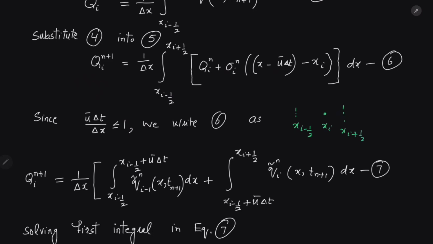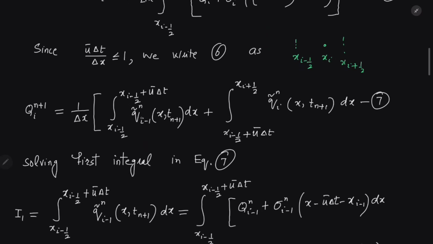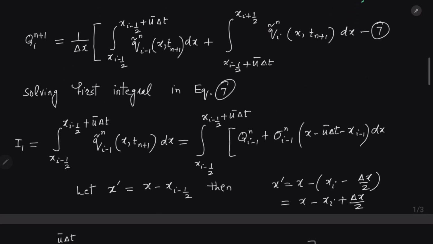We split that interval into x_{i-1/2} to x_{i-1/2} plus u bar delta t, and so on, so that the waves do not interact with each other. So we split that into two integrals. Now we first solve the first integral, and this is our first integral over here that we are going to solve.